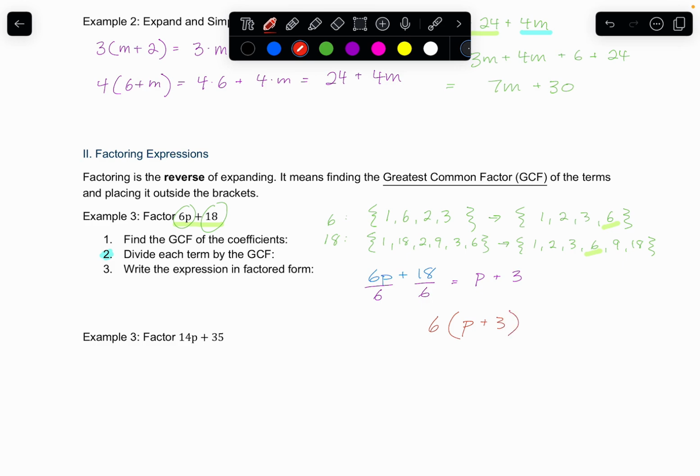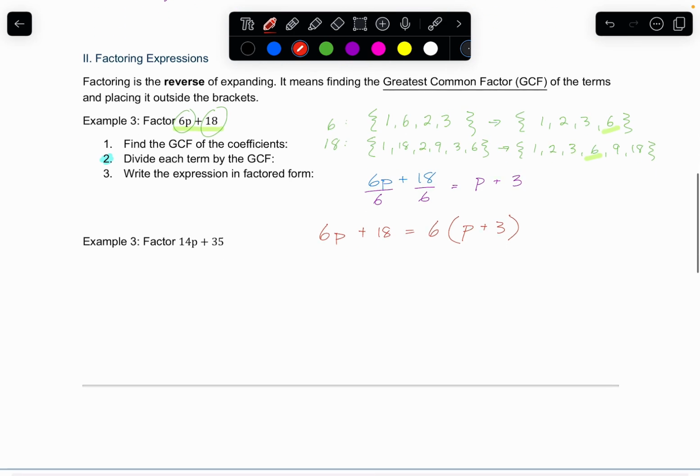So we get 6 times p plus 3, and that is the answer. This is how we factor this binomial 6p plus 18. I'll write it all out. So 6p plus 18 is equal to 6 times the binomial p plus 3.